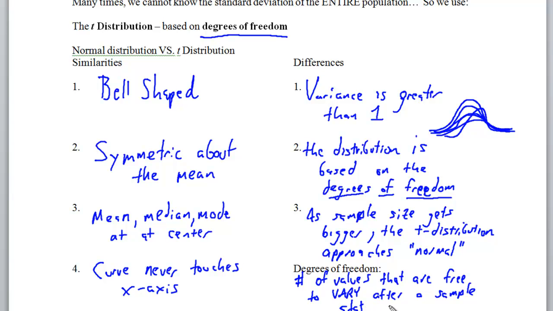I'll just put stat for statistic. Degrees of freedom: the number of values that are free to vary after a sample stat is computed.